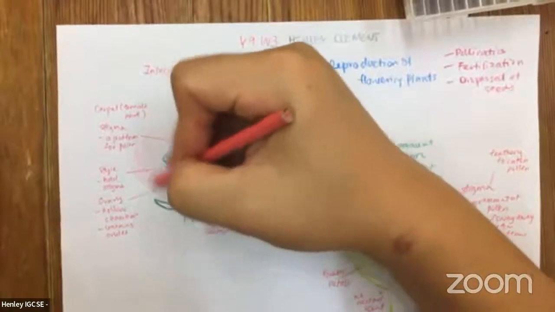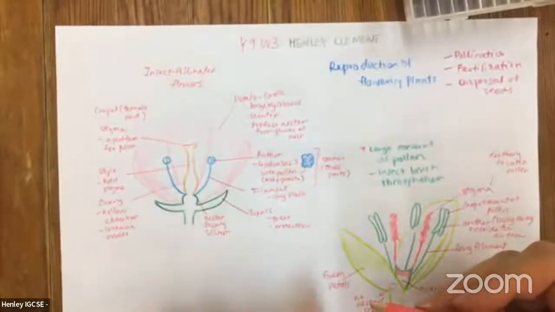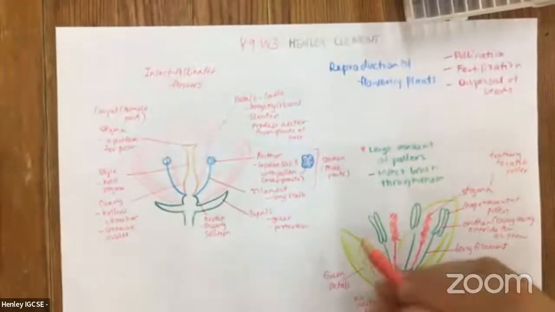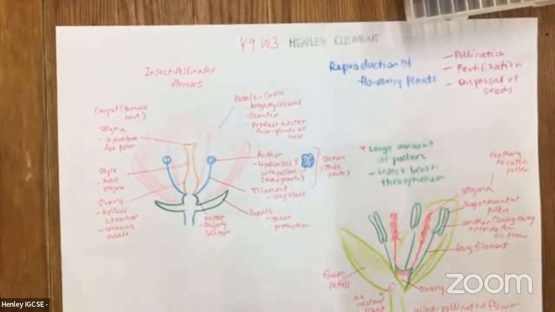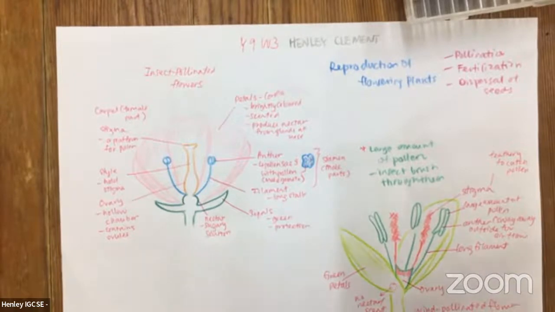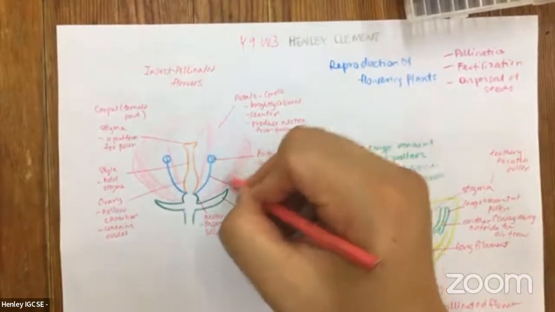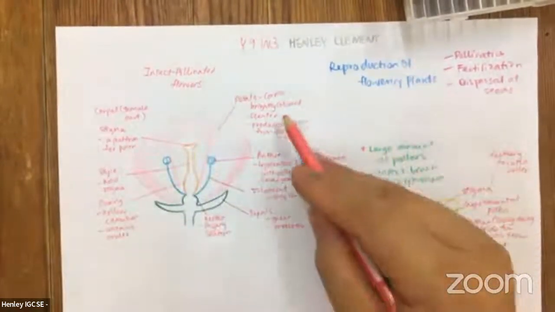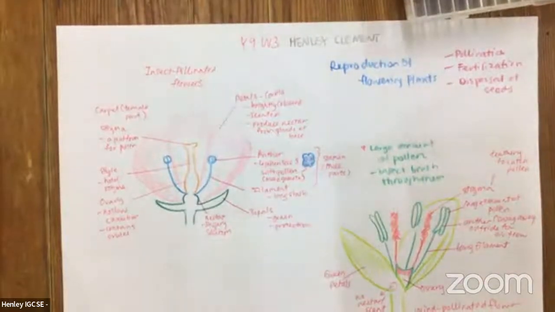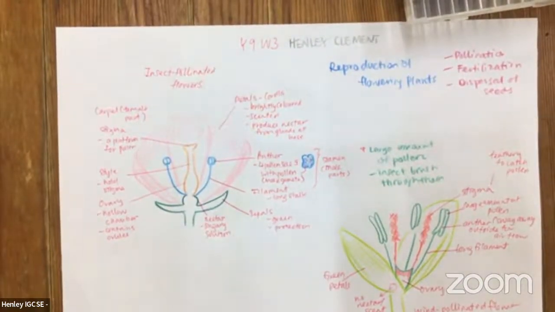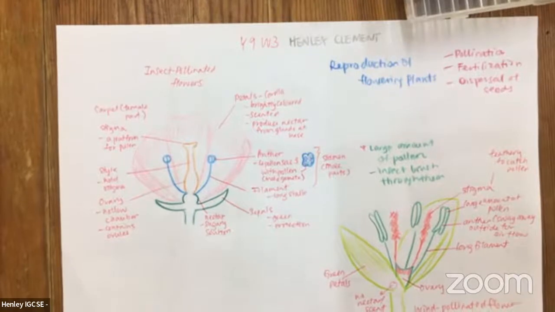As you know, the petal is always brightly colored. The bright color is to attract the insects to come near to the flower, and it is always scented. That's why we say, oh, the flower is so nice, it's scented.